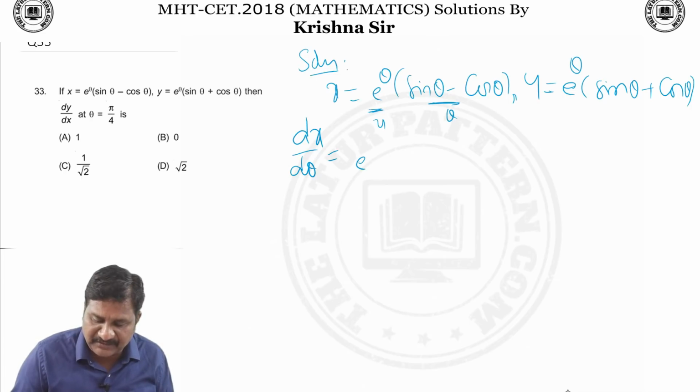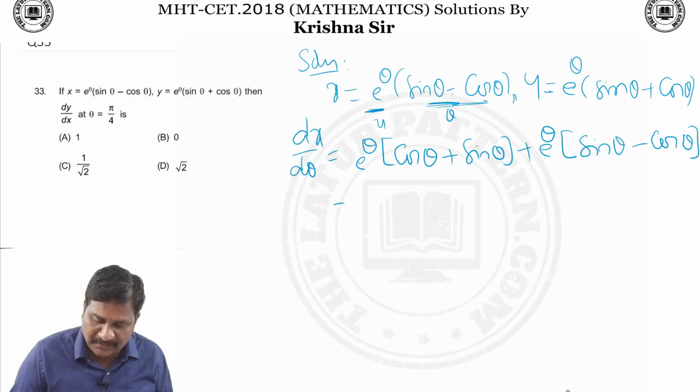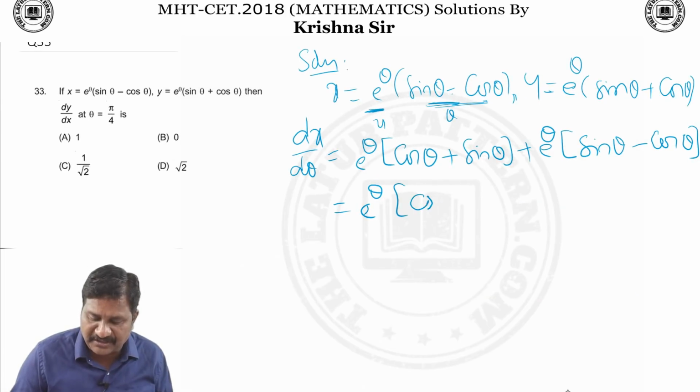So e raised to theta, u, same as it is, first function, second function's derivative: derivative of sine is cos, derivative of cos is minus sine, multiplied by minus, plus sine, plus first function e power theta's derivative, same e power theta, and second function same as it is, sine minus cos. Now in both we are getting e raised to theta common. What is remaining? We have cos theta plus sine theta plus sine theta.